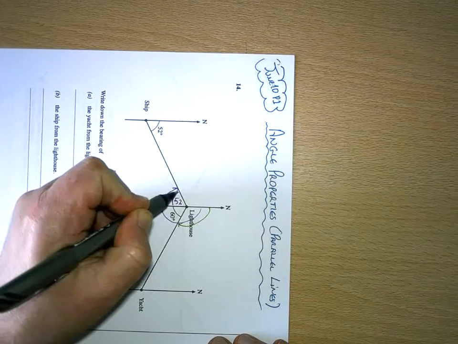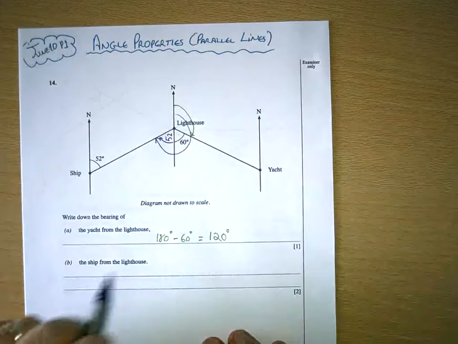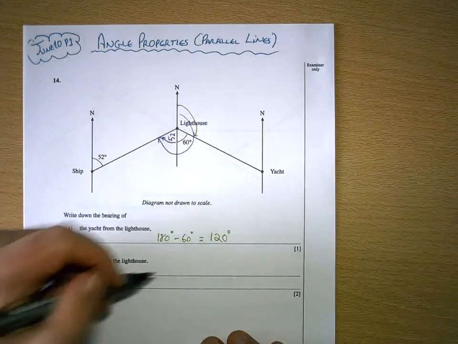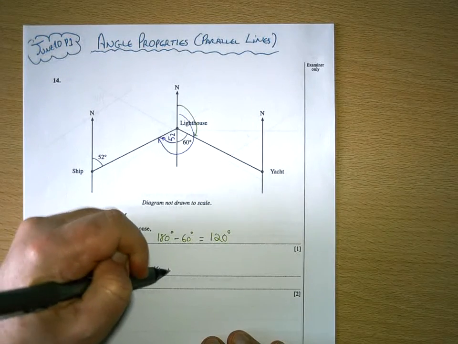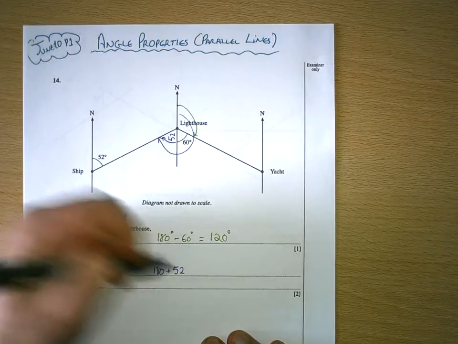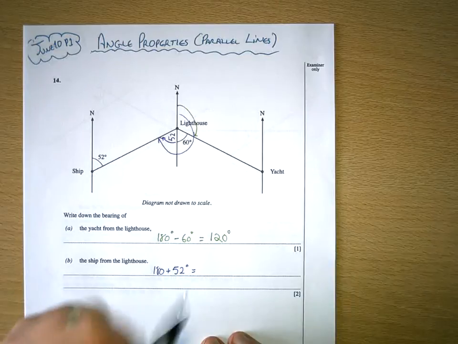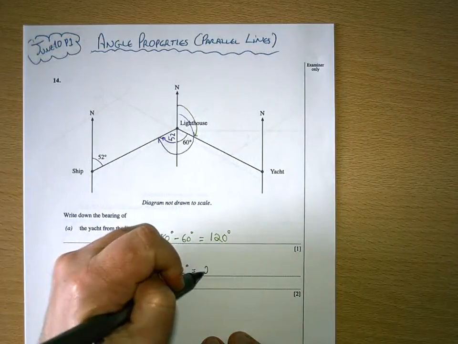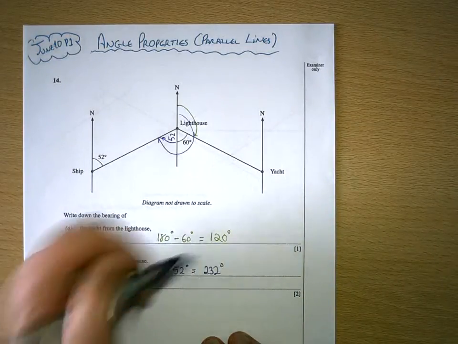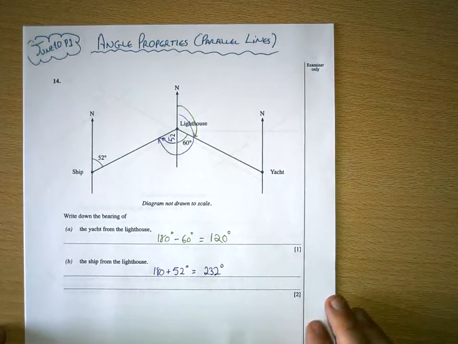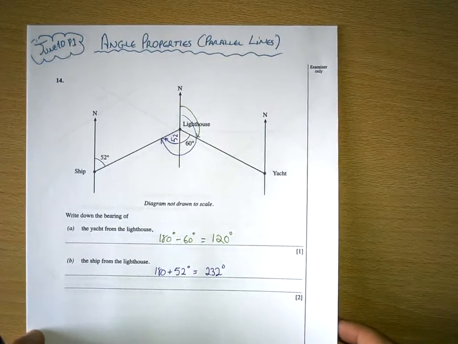So I know that that part is 52 degrees. So the bearing will be the 180 from north to south plus the 52 degrees there, giving us an answer of 232 degrees. And that's that question.